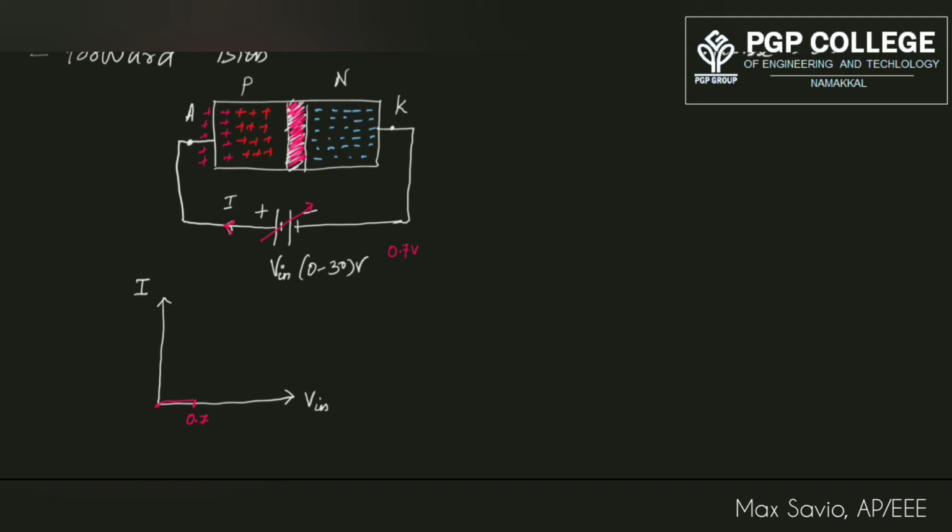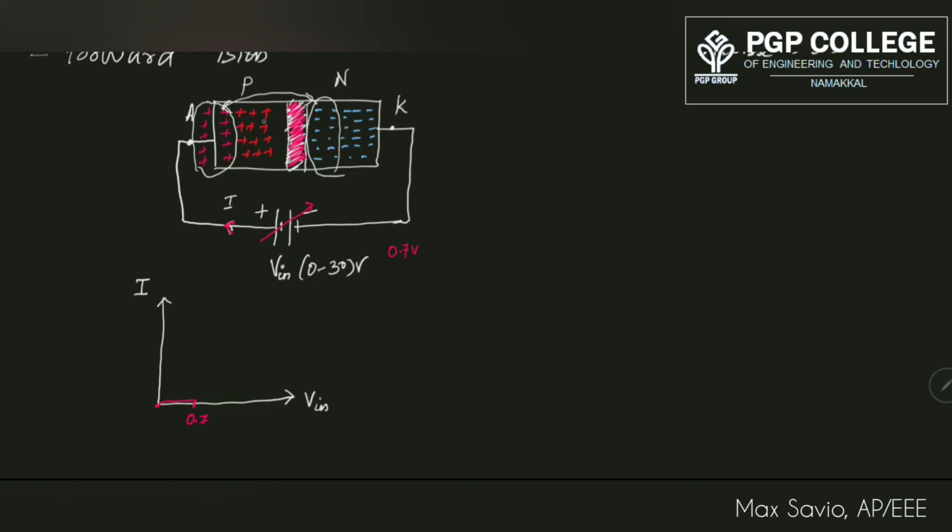As you saw, when there are free electrons and free holes, they start to attract each other. So the extra positive charges and the extra negative charges again start to attract each other, coming closer and closer.